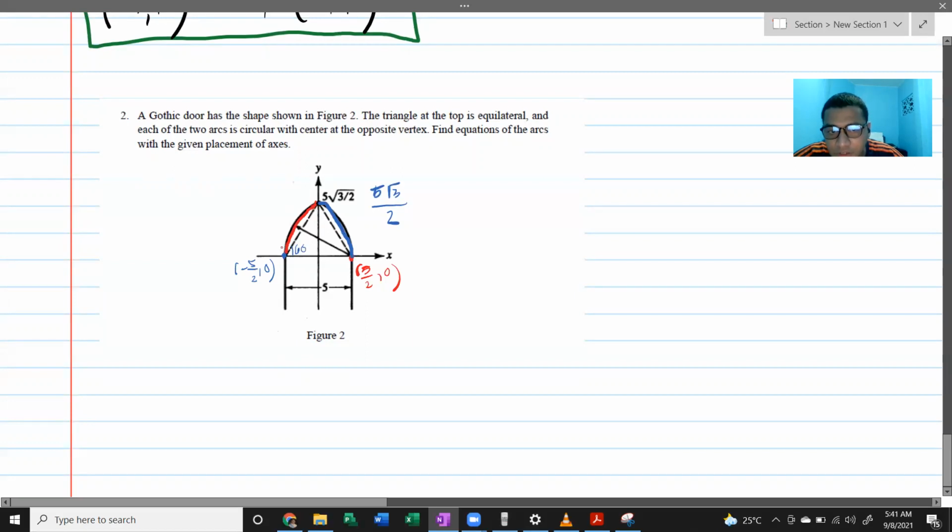Meaning the radius of this arc must be equal to 5. So at any point here, the distance is 5. Also, since this is symmetrical, the radius of this red arc is also 5. So let's write the radius here must be 5, and also the radius here must be 5.